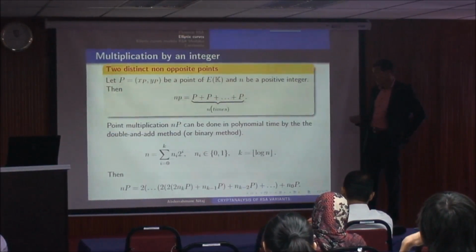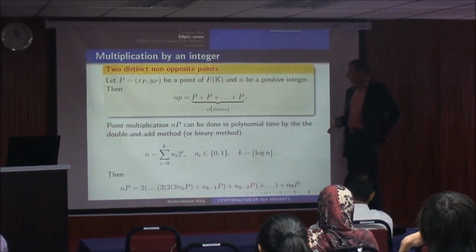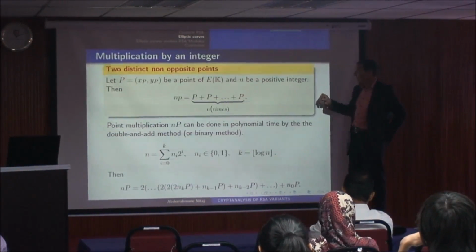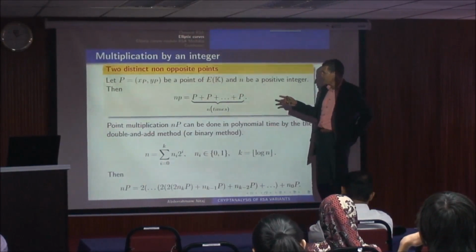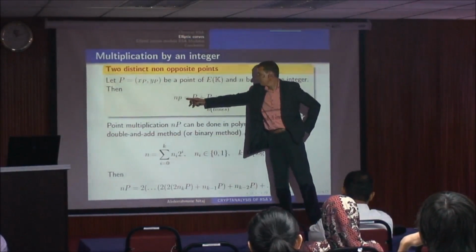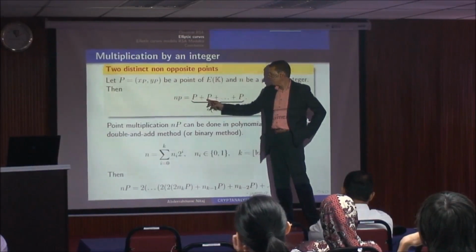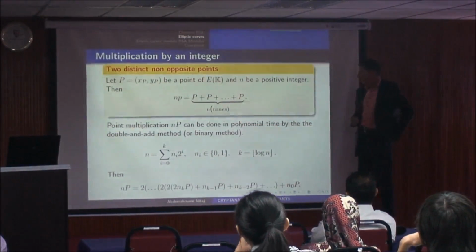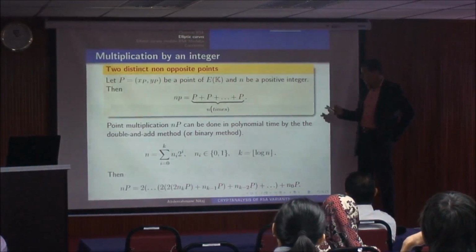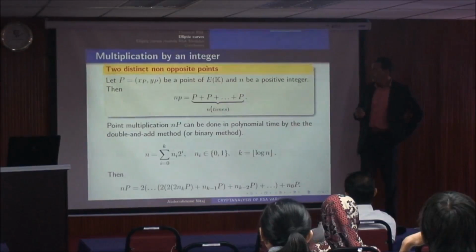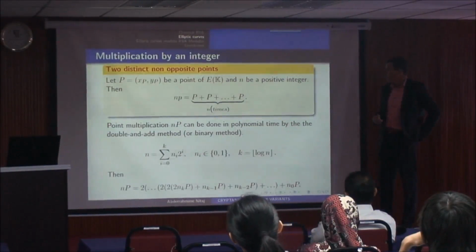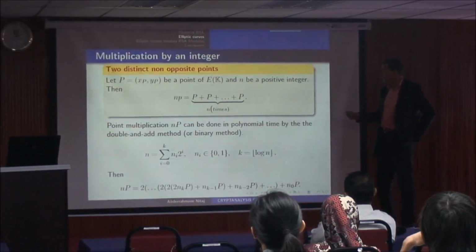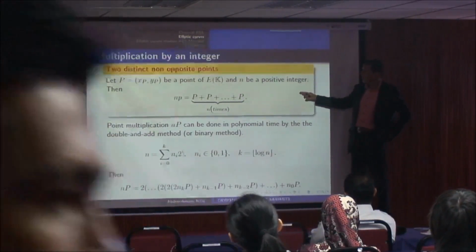For example, we have a point P and a positive integer n, and n times P means P added n times. We can use formulas for adding points on elliptic curves to find n times P.